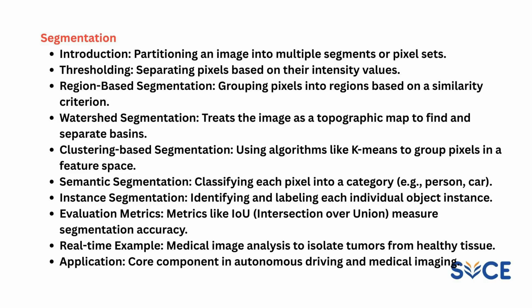It does not differentiate between the individual objects of the same class. The next is instance segmentation, which goes a step further by identifying and labeling each individual object. For example, it would recognize two different cars in an image and label them as car 1 and car 2.